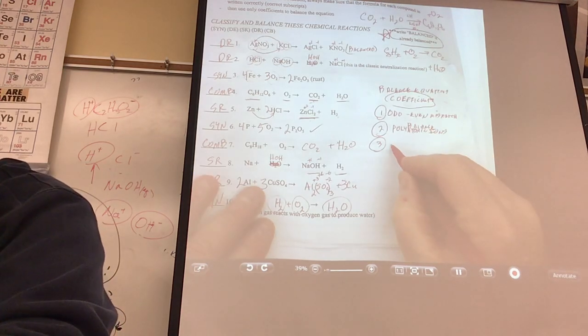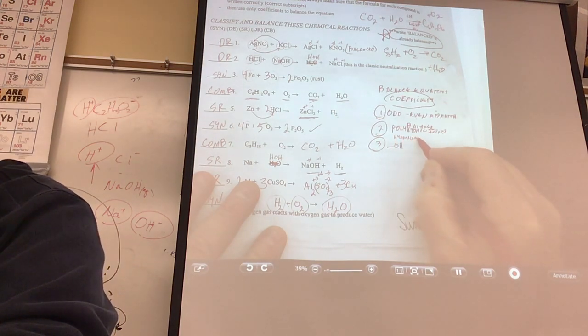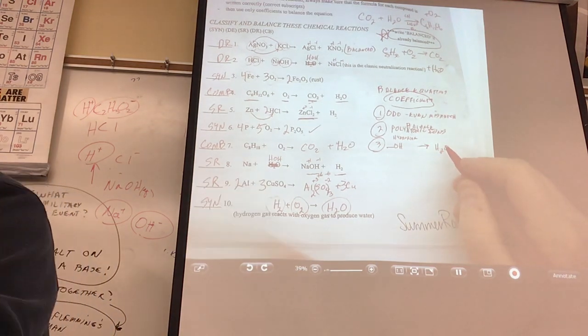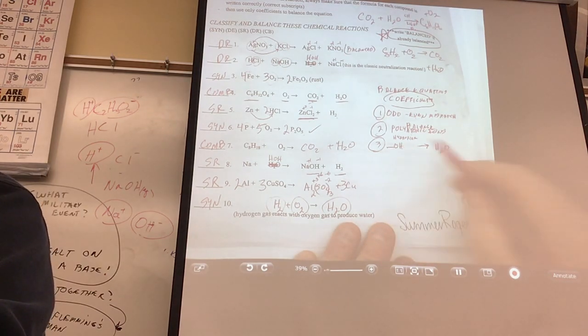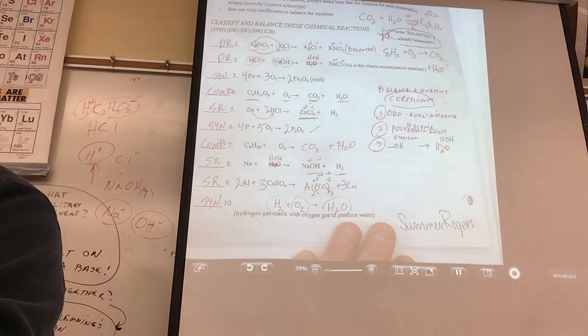When you see hydroxide on one side of the arrow and you see water on the other side of the arrow, like sodium hydroxide on one side and water on the other, if you write the water as HOH, number 1, it makes it easier to classify and it makes it easier to balance.